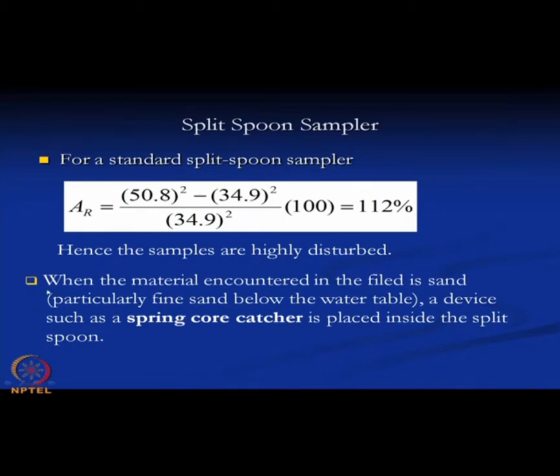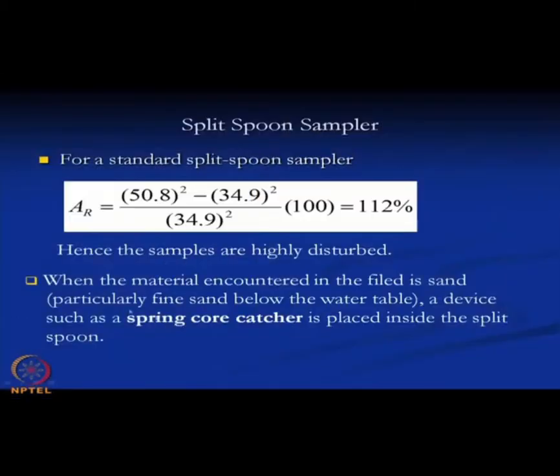Now, when the material encountered in the field is sand, the standard split spoon sampler is suitable for clay soil. If we encounter sandy soil, or a partially fine sand below the water table, a device such as a spring core catcher is placed inside the split spoon.